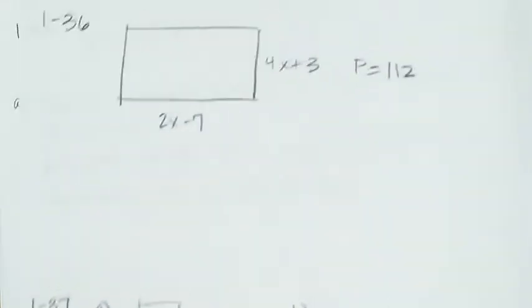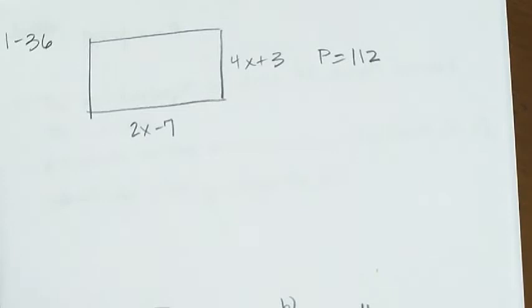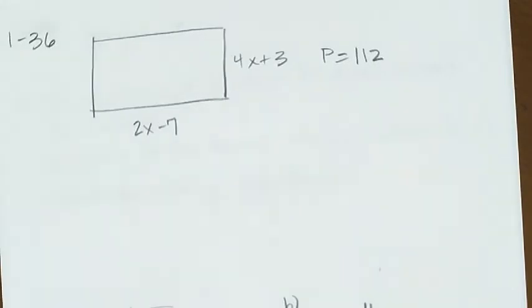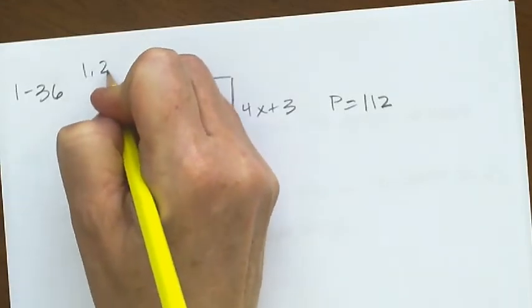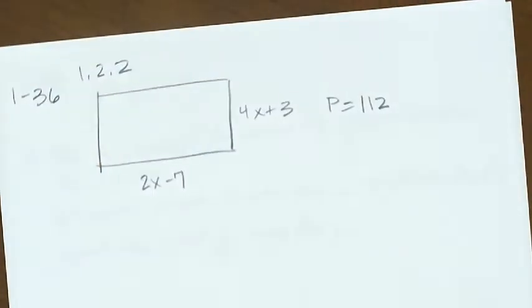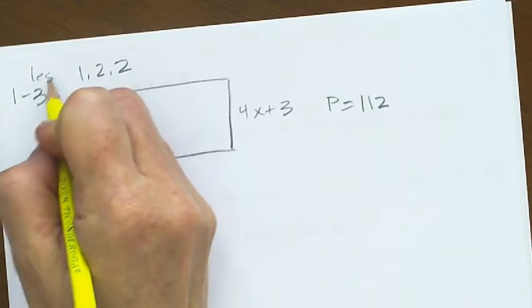For 1-36, if you're following along in the ebook, I forgot to say this in the beginning, but these next two problems are from lesson 1.2.2.